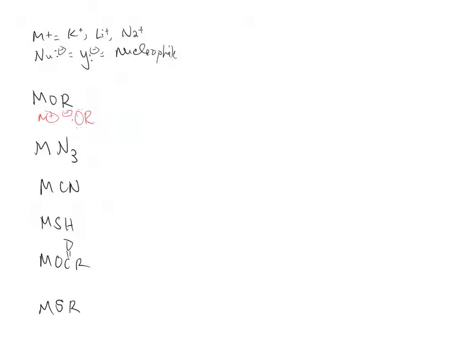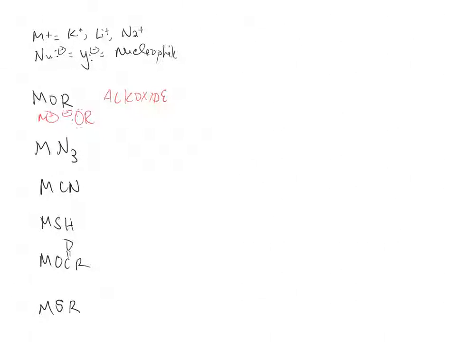But does anyone know what's one of the other endings? ate is the other. Those are the 2 biggies. Ide and ate. ITE is also there, like sulfite and phosphite. But ide and ate are the 2 biggies. This goes from becoming an alcohol to an alkoxide. Okay, so that's why it's the IDE ending.